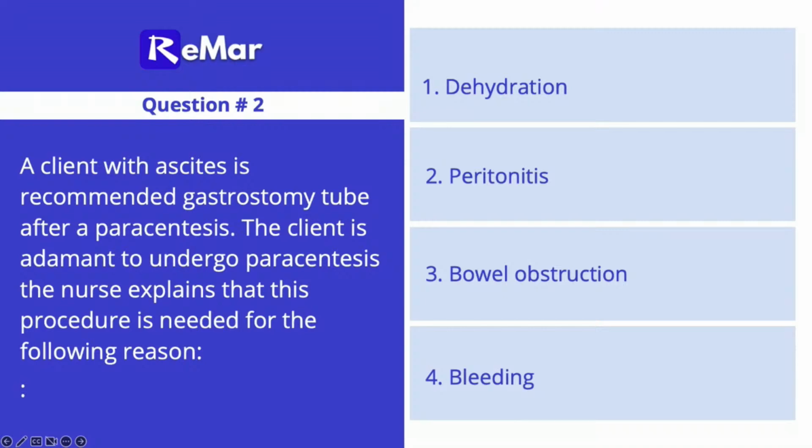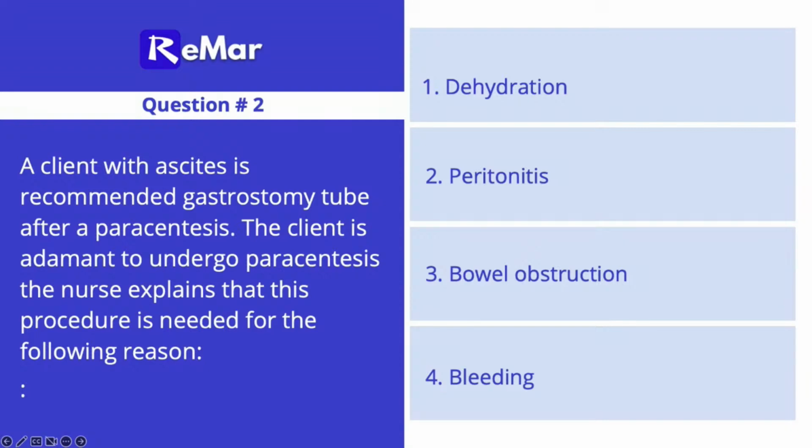You have to make the connection between the ascites and the gastrostomy tube, because you can't just go from ascites to gastrostomy tube. You have to have that step in between. So you have to know the function of a paracentesis in this clinical scenario.